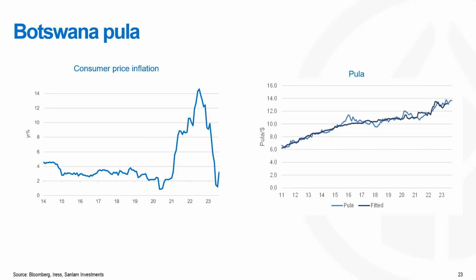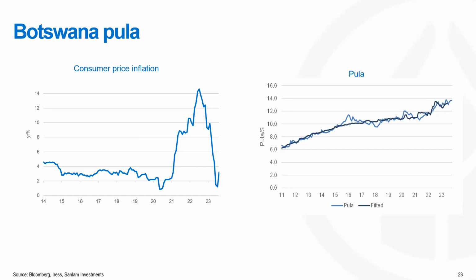If you take that into account, then not much change in the pula over the next year. Probably similar depreciation to what we saw this year, although it got ahead of itself a bit this year. If we remain in line with that trend through next year of the projected inflation differential, then maybe not too much change in the pula going forward.